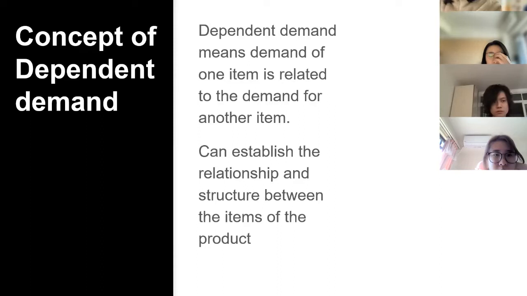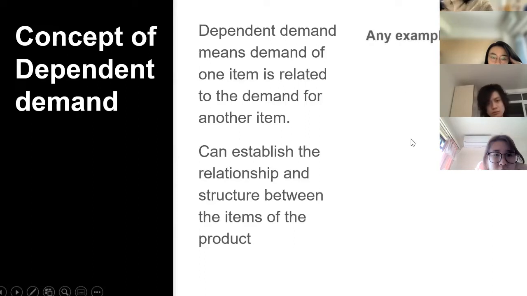Now give me an example. Can anyone give me an example of what products or items can be considered a dependent demand in production, or in making food products, fast food, McDonald's, KFC? What is an example of a dependent demand?